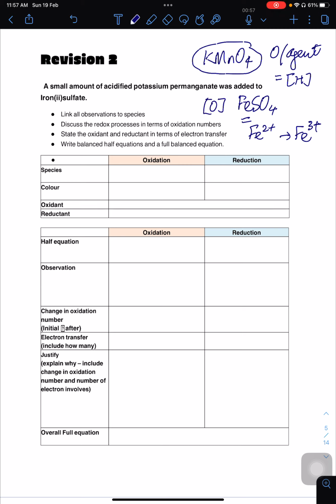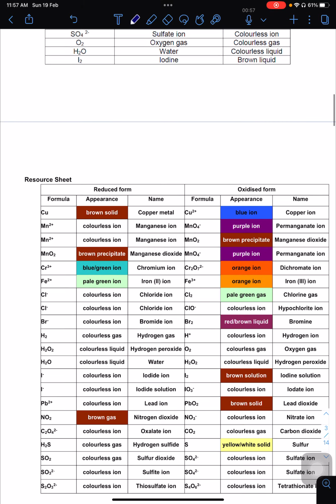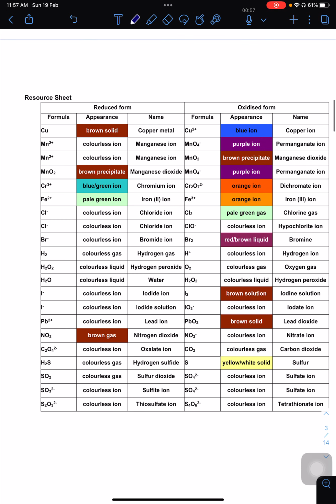So the species that undergoes oxidation is Fe2+, and in this case, the color would be green. If you refer to the result sheet, back to the first few pages, you can see iron(II) is green.